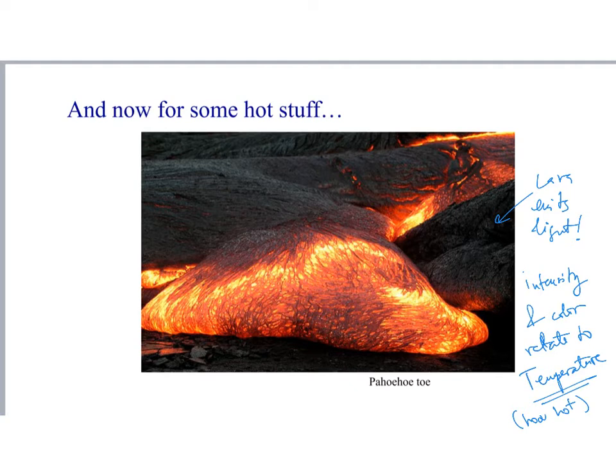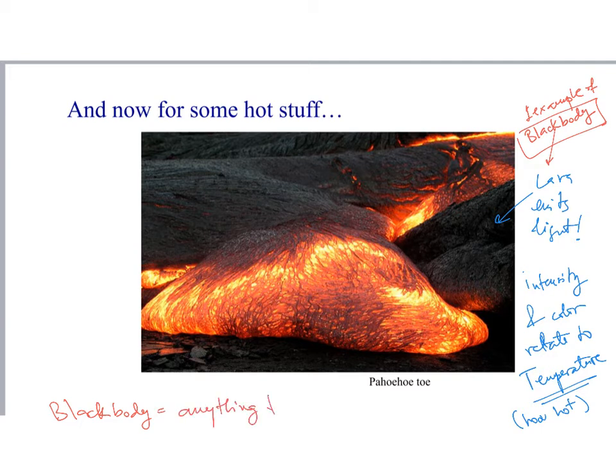So this is one example of what the scientists call a blackbody. What is a blackbody? Anything that has a temperature, right? So a blackbody is anything that has a temperature.